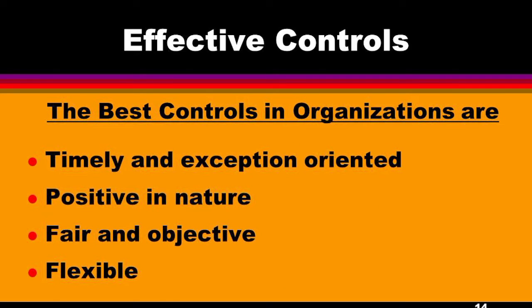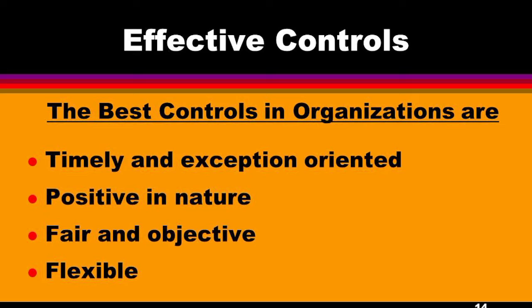And the best controls in organizations are timely and exception oriented. A person in an organization is time bounded: coming in time, doing work in time, and leaving on time. And exception oriented: sometimes, based on the work, exceptions are required. Positive in nature, many things will happen in an organization.